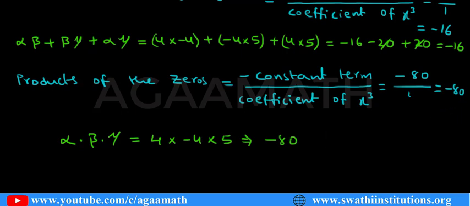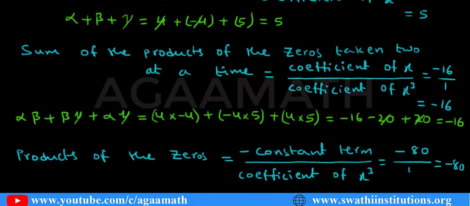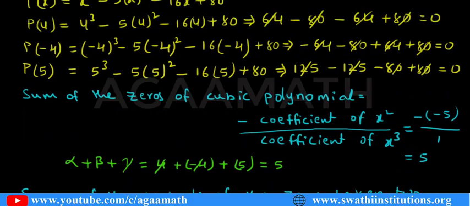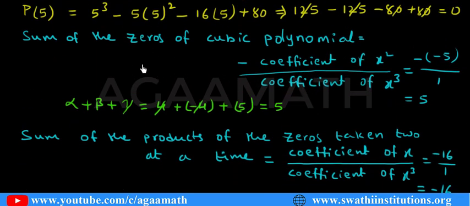So this is how we verify the relation between the zeros and coefficients of a cubic polynomial. So once again, to verify, first of all we have verified with the zeros whether they are zeros or not. Then after we verified with the coefficients here, sum of the zeros of a cubic polynomial is minus coefficient of x square by coefficient of x cube, right?